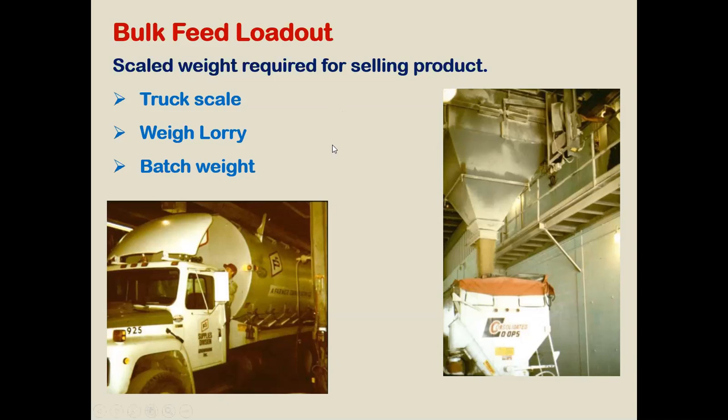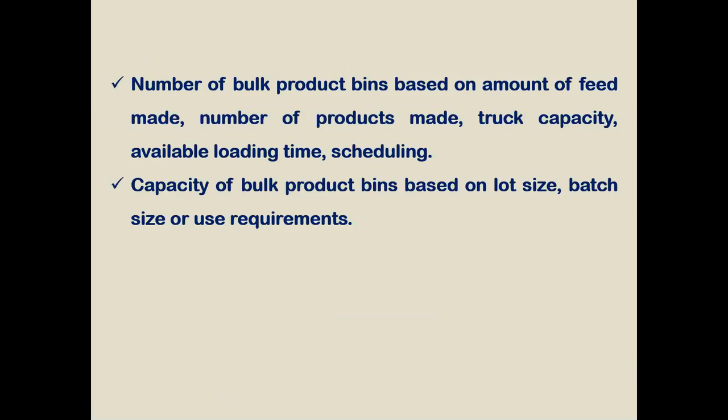So truck scale, weigh lorry, batch weight. This kind of system must be there in the feed mill for proper weighing of the finished product as well as the raw material. And there are a number of bulk product bins. They can also keep the finished product in the bins.